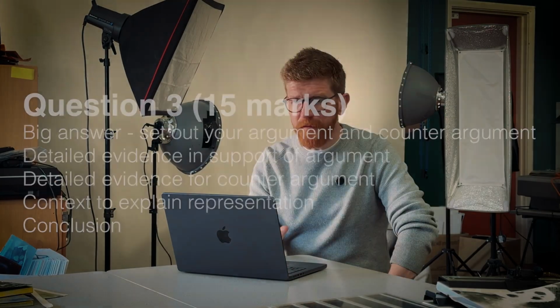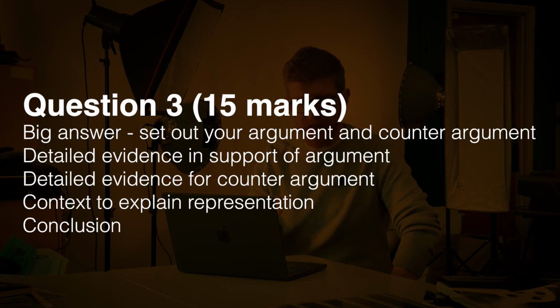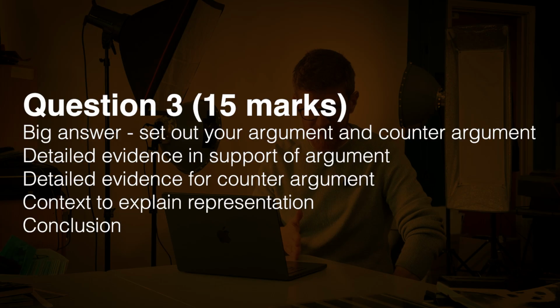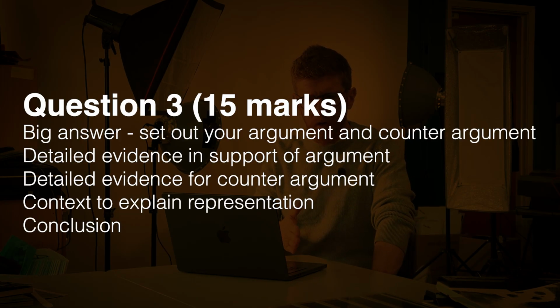So, to summarize, here's how you need to structure your answer. First, set out your argument. State clearly what is the answer to the question. Do you agree or disagree with the statement, and to what extent? Also, try and present the counterargument. Next, we're looking for a detailed paragraph that backs up your argument and offers some specific evidence to support it.